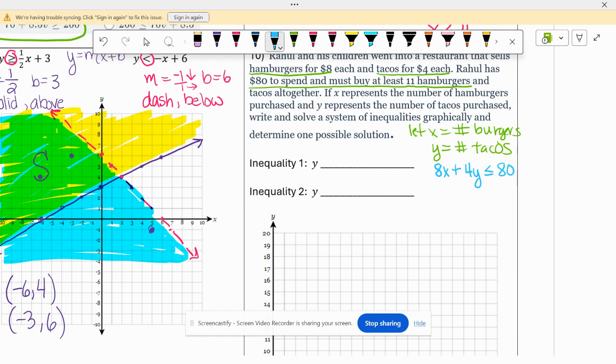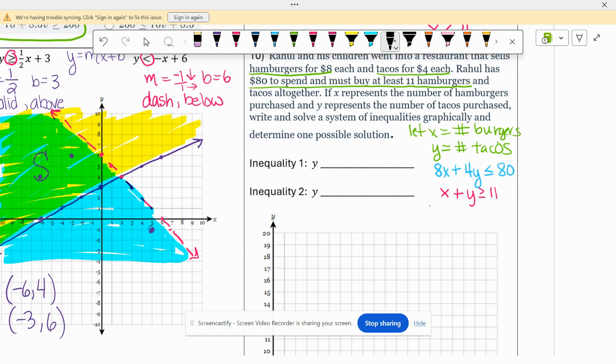The next one has to do with the amount of things. Well, I need to buy some number of hamburgers plus some number of tacos, and it has to be at least, which is greater than or equal to 11. Those are my two inequalities. Notice, though, that you have to solve them for Y. They have to be written as Y equals to graph them.